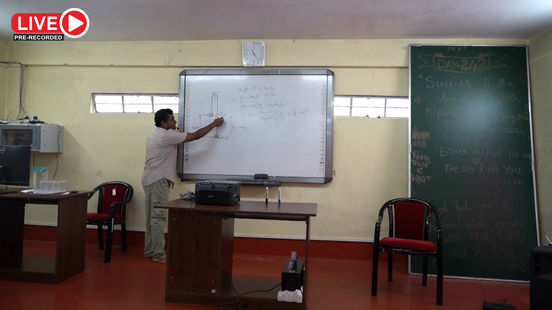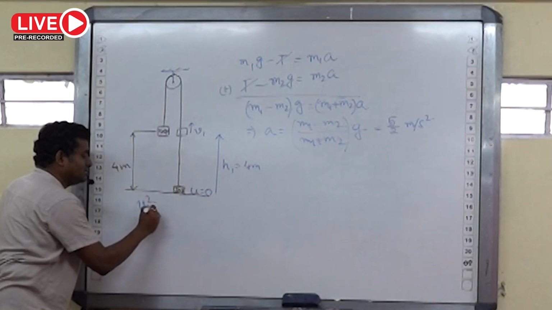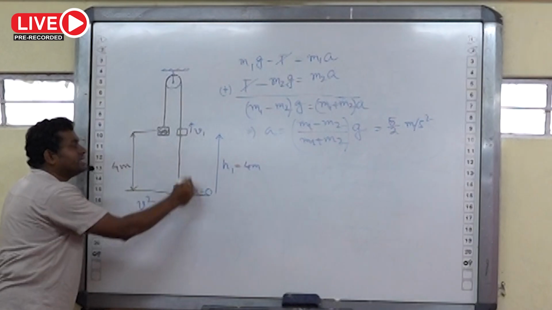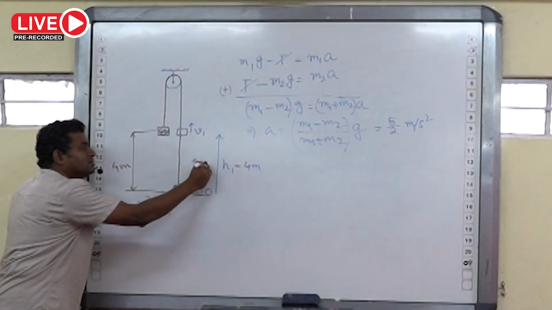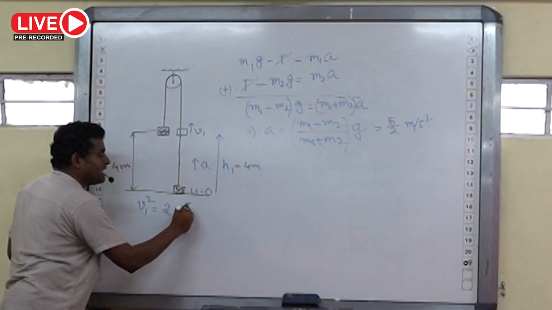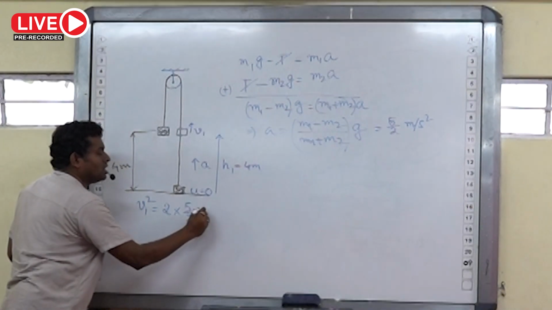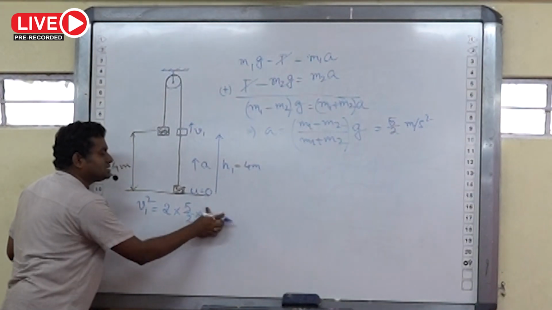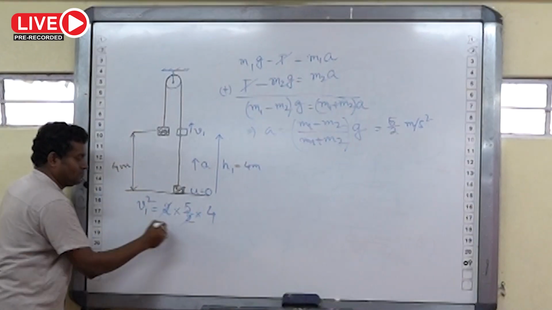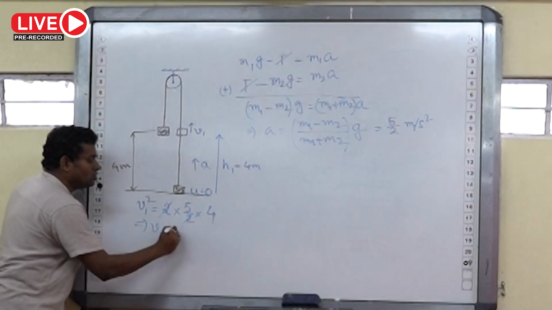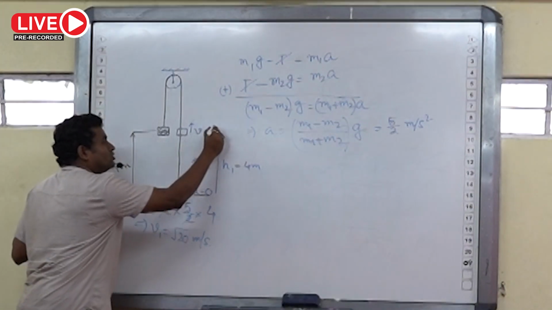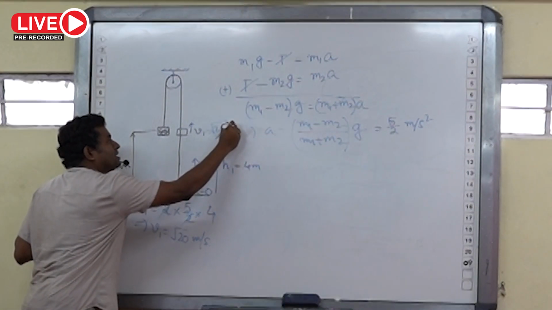This is the final velocity, so V1 square equals initial velocity 0 plus 2 into acceleration. With which acceleration is it moving up? a is 5 by 2. So 2 into acceleration into H1, that is 4. So V1 equals root 20 meter per second.